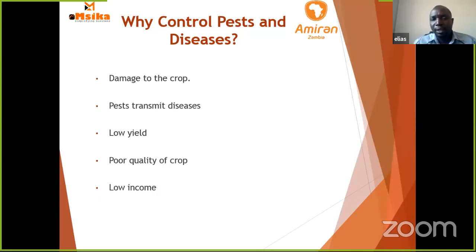Then others are sucking insects. Some sucking insects suck the sap, the green sap from the leaves. And once they suck the green sap, then there's little chlorophyll that is supposed to be used to manufacture starch for the growth, for the sustenance of the crop, as well as for production of fruits. So that eventually reduces the yield for your crop.